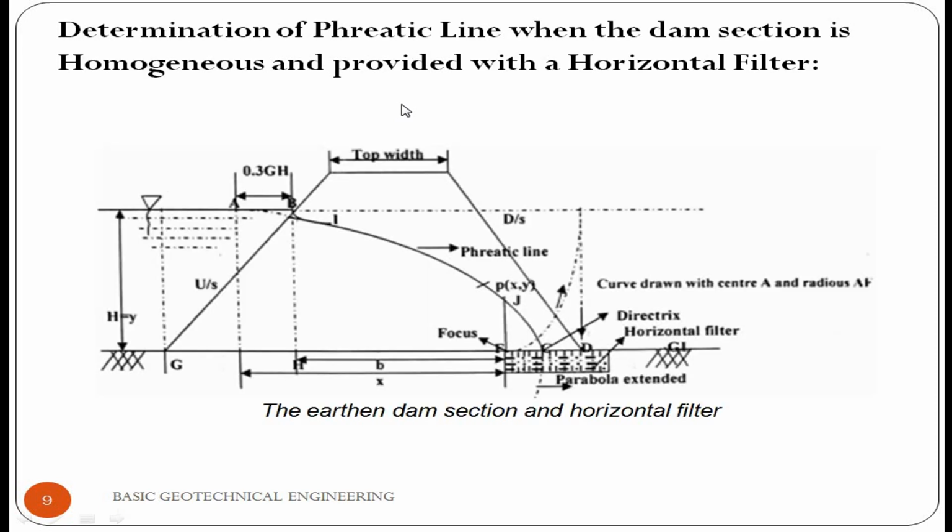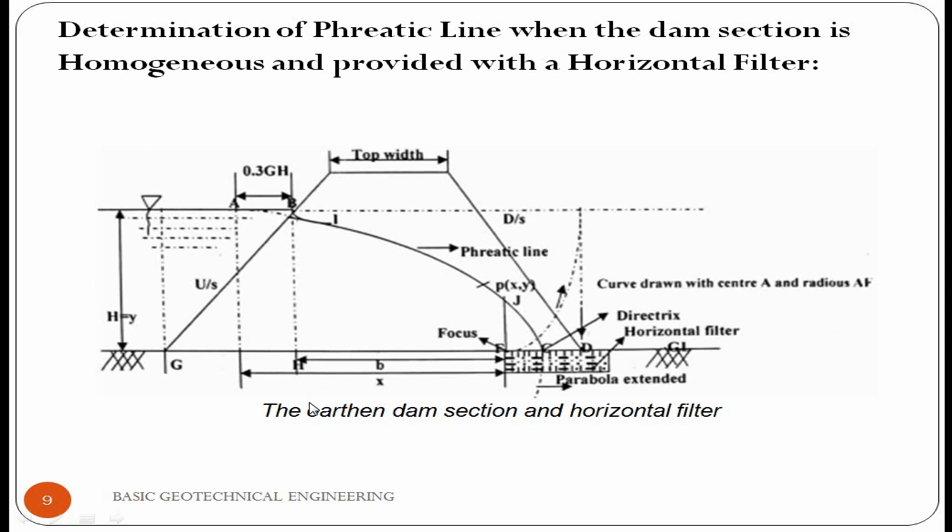Now let us see the determination of phreatic line when the dam section is homogeneous and provided with a horizontal filter. The procedure is: draw the earthen dam section and horizontal filter as per the data given.